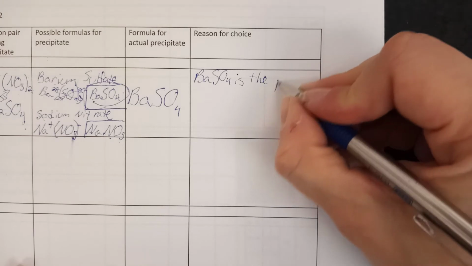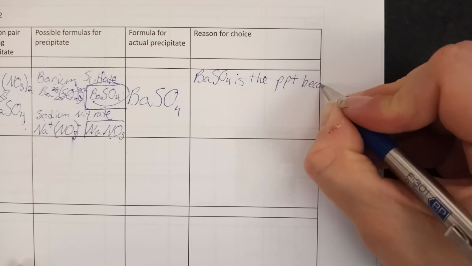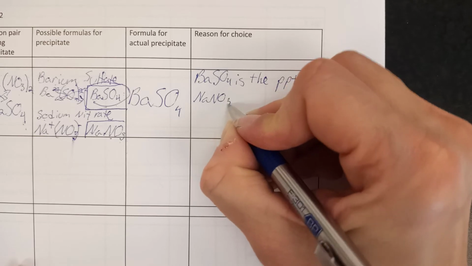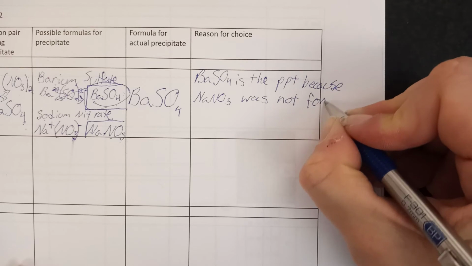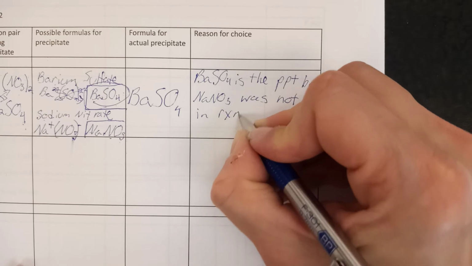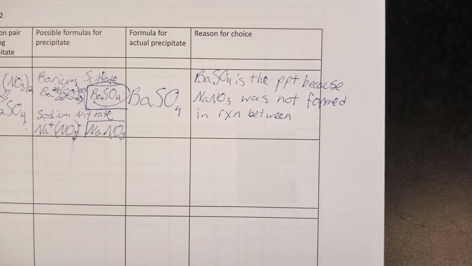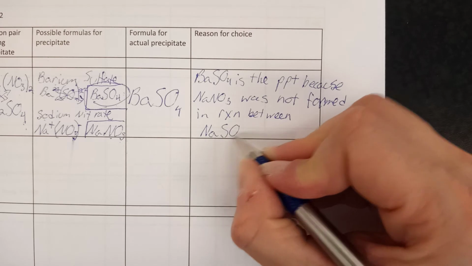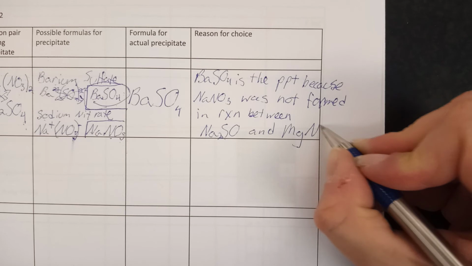You can abbreviate precipitate as PPT if you want, because NaNO3 was not formed in reactions, abbreviated RXN if you like, between, and again, we said the sodium sulfate and magnesium nitrate.